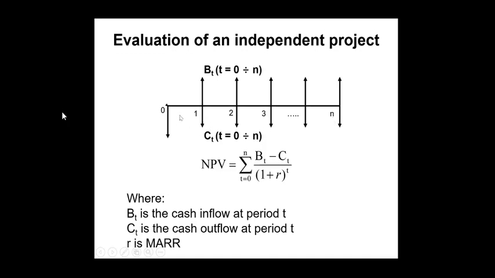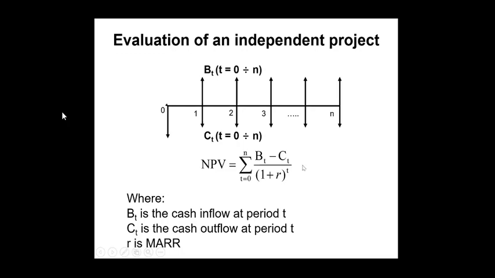Okay, costs. We denote the inflow as Bt, with t going from 0 to n, and we denote the outflows as Ct, with t going from 0 to n.